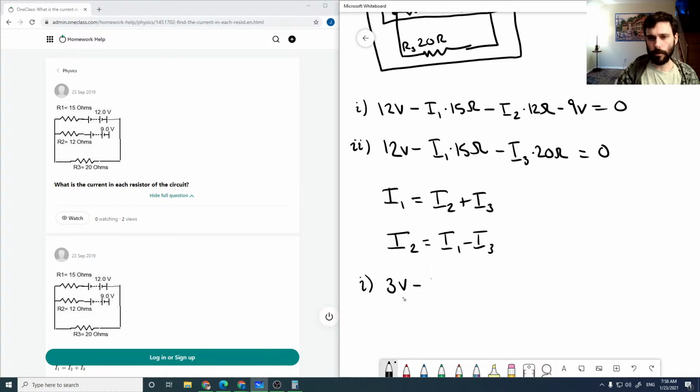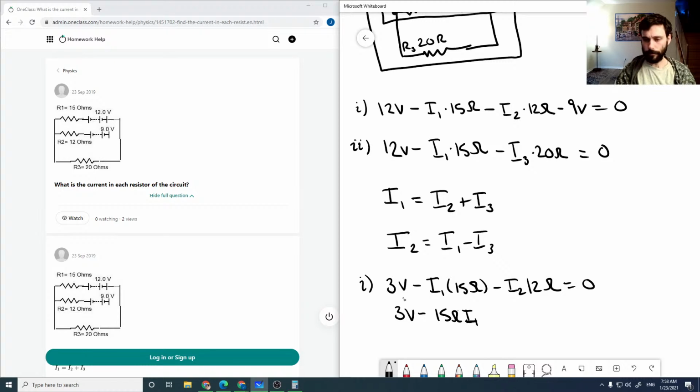So 3 volts minus I1 times 15 ohms minus I2 times 12 ohms equals 0. So then it becomes 3 volts minus 15 I1. I'm just moving that to the front so that it's a bit less in the way.